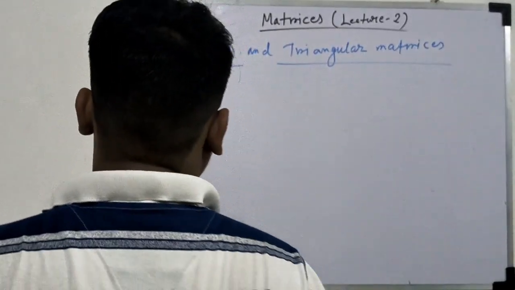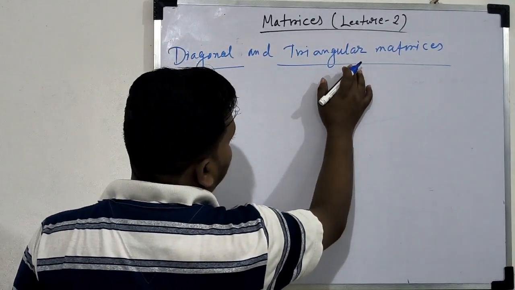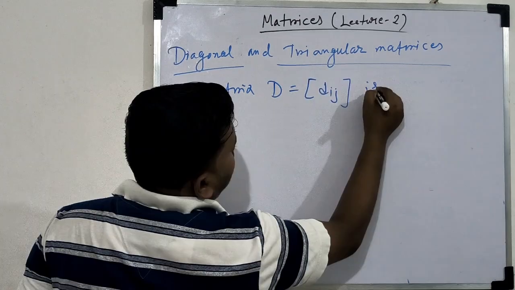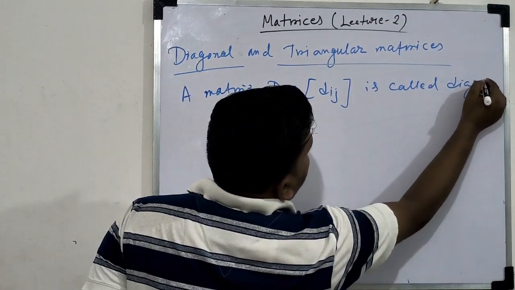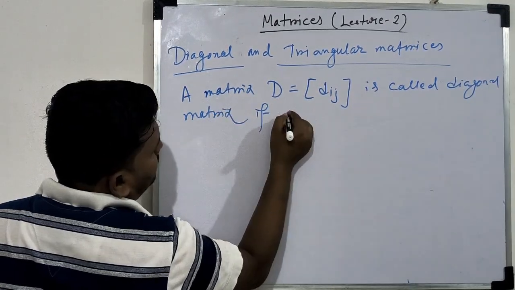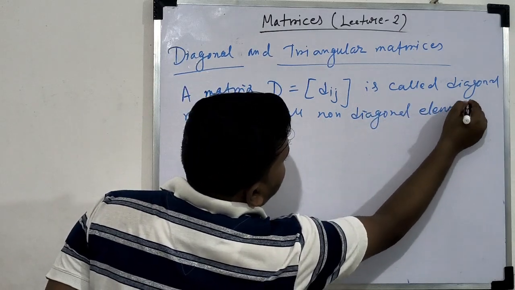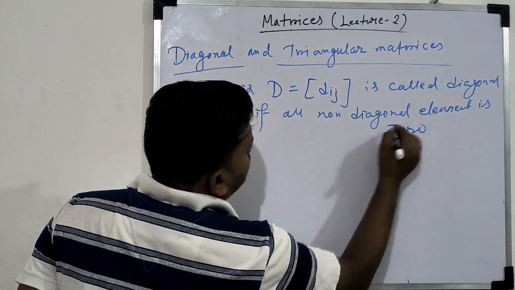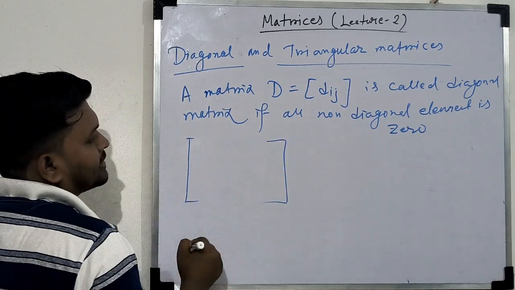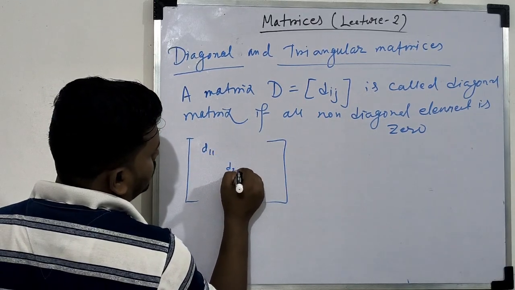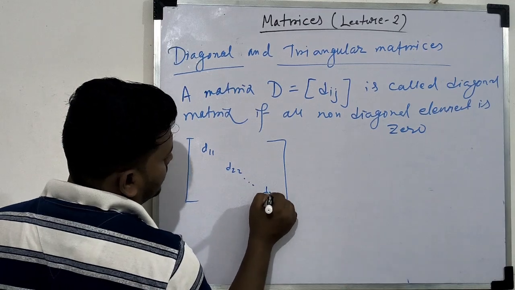Now we discuss diagonal and triangular matrices. A matrix D is called a diagonal matrix if all non-diagonal elements are 0. A diagonal matrix is simply D11, D22, up to Dnn.